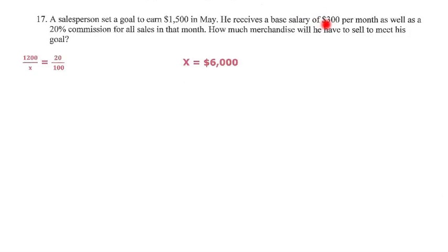Now if he already receives $300 for his base salary, but he wants to earn $1,500 that month, you first have to subtract $300 from $1,500 and you place it here on top, because that is going to be the price that he has to make with his 20% commission. So the total cost of the merchandise that he has to sell would be $6,000.